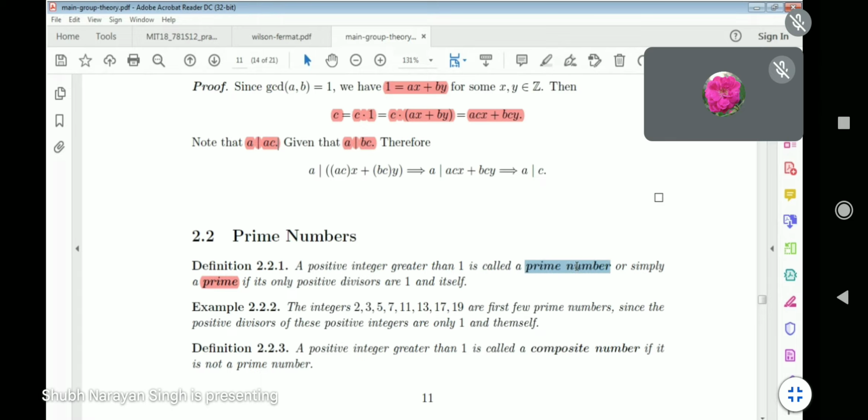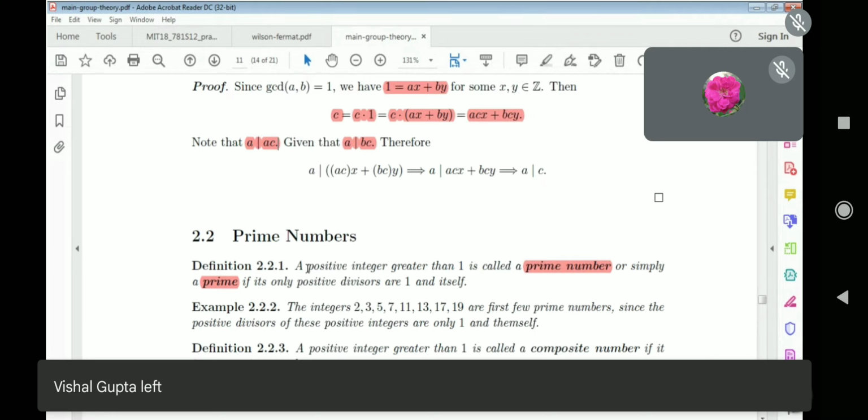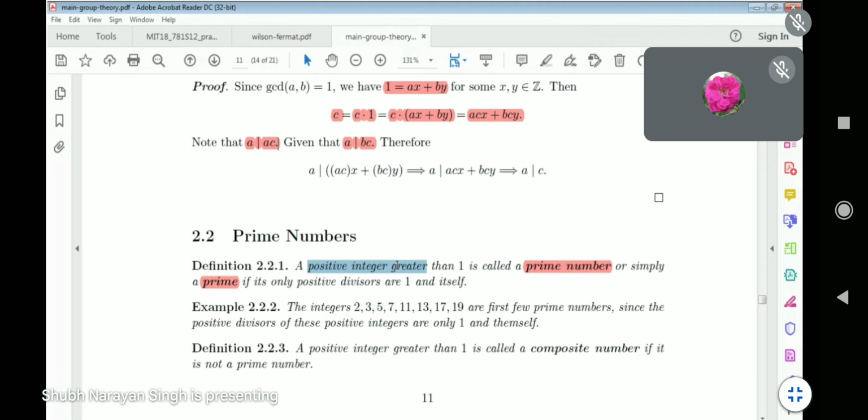So 1 cannot be treated as a prime by the formal definition, because a prime is a positive integer greater than 1 whose positive divisors are only 1 and itself.